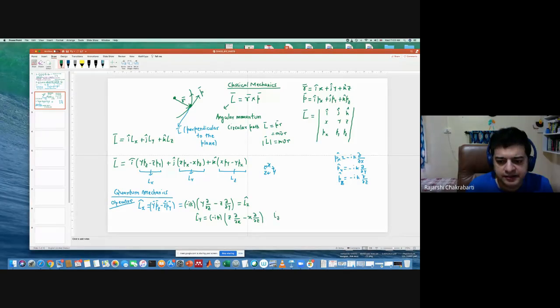Similarly, Lz is minus iħ (r cross ∇), so it is x ∂/∂y minus y ∂/∂x.